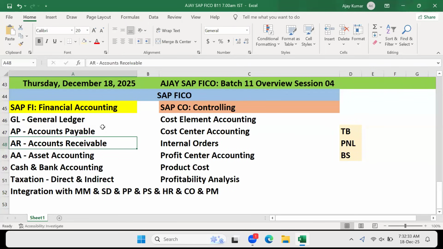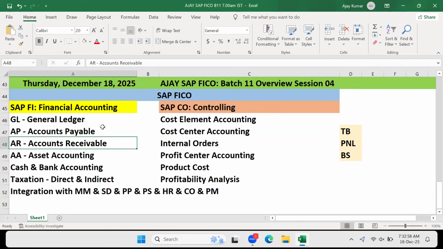Customers. It is all about the customer, the amount not yet collected from the customer.